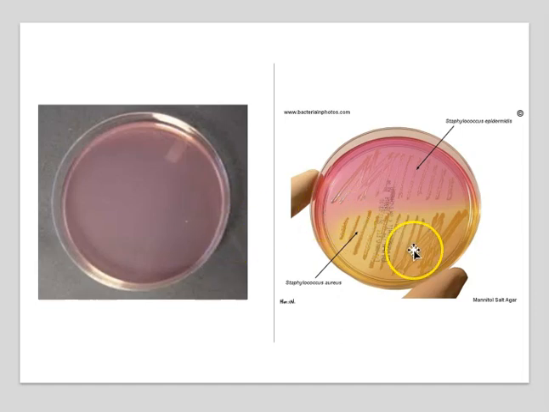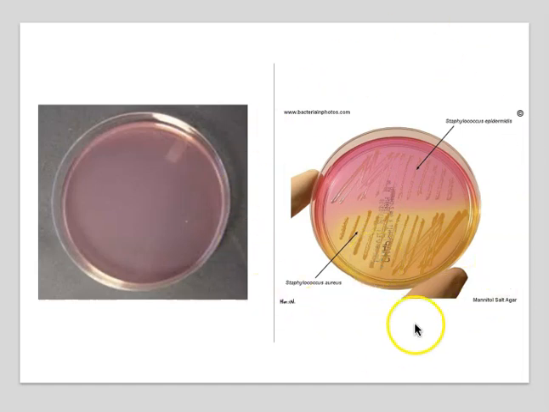Over here on the right, you can see that two types of bacteria have been streaked onto this plate. One of them is growing on a pink colored medium, and the other one has turned the medium yellow. This is Staphylococcus epidermidis. This is Staphylococcus aureus.